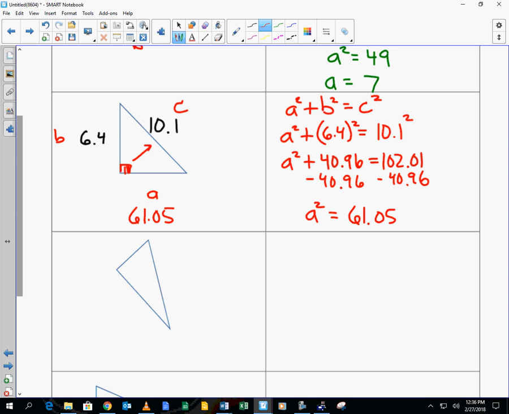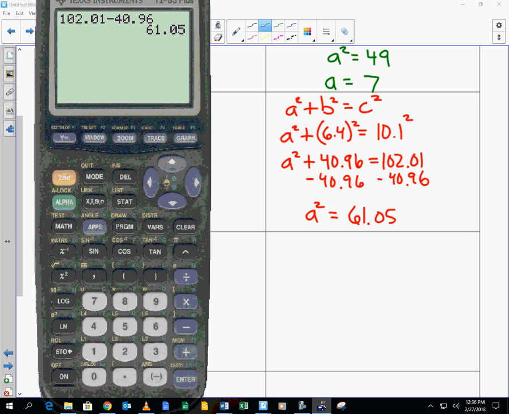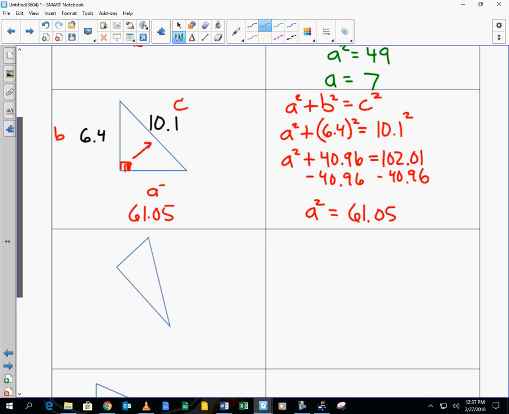So what am I going to do now to find A then? Take the square root of that. Very good. So the square root of 61.05. And I get, this is where we'll round to the nearest tenth, 7.8 we'll call it. Yep, 7.8.